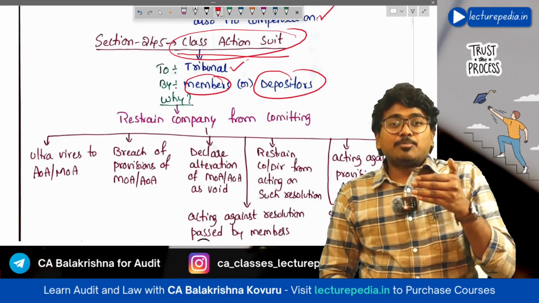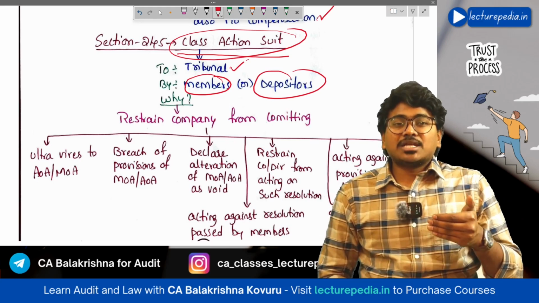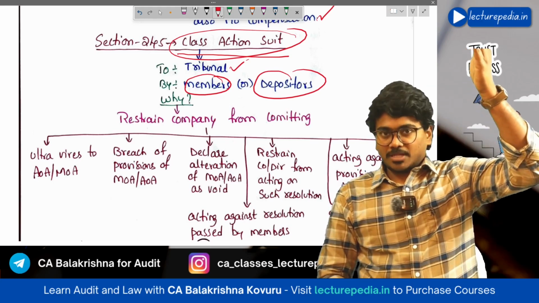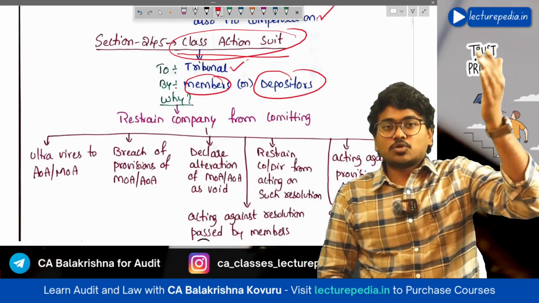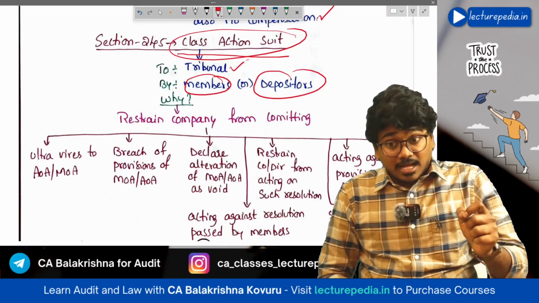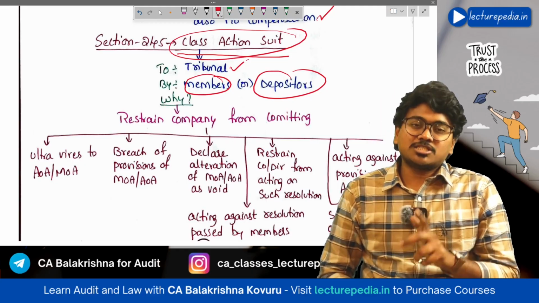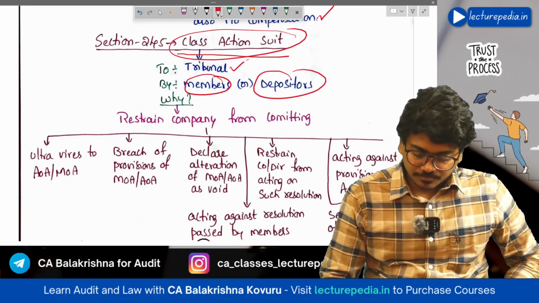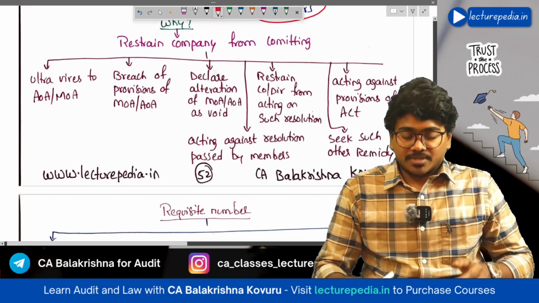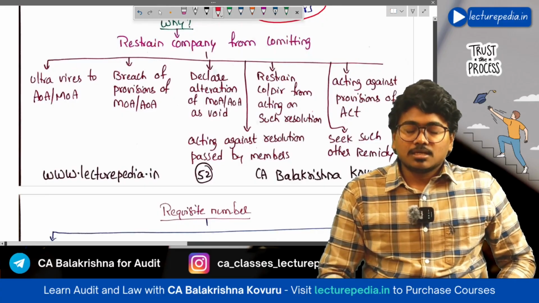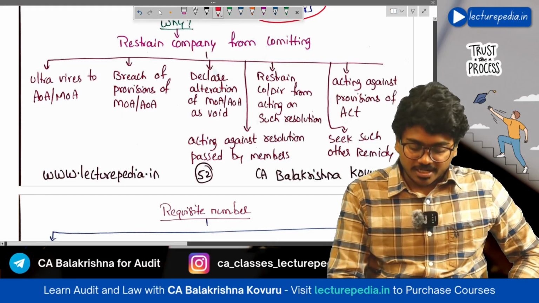Okay, see, deposit holders cannot utilize section number 241 because section number 241 can be utilized only by the shareholders. Section number 245 can be utilized by deposit holders also. Okay, and why can the class action suit be filed?